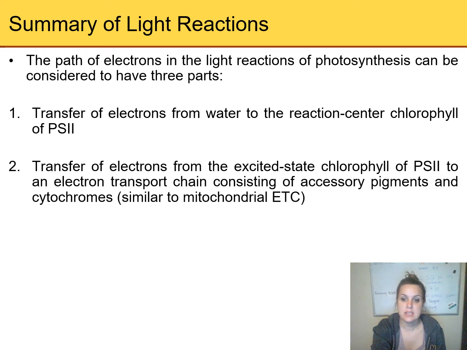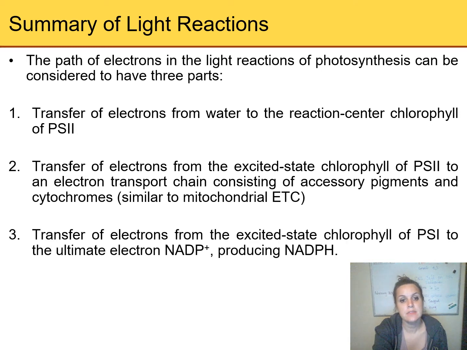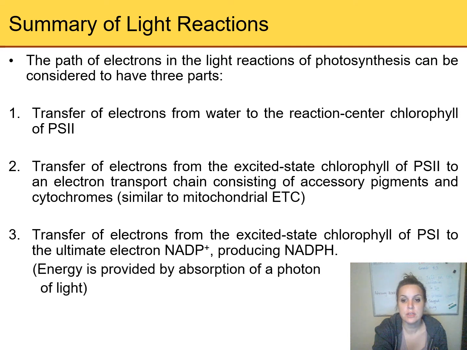And then these electrons are excited via light and then passed along an electron transport chain that's very similar to the mitochondrial electron transport chain. And then we see them passed on to photosystem 1. And what you'll note is that they're also excited here. So you're going to see an excitation of these electrons from light and they're ultimately going to be released and donated to NADP, which is going to be reduced to NADPH.